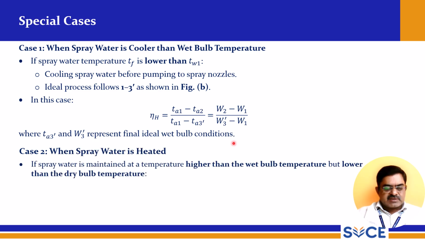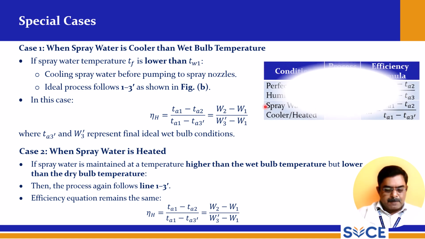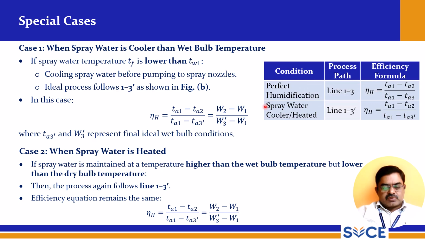Case 2: when the spray water is heated. If the spray water is maintained at a temperature higher than the wet bulb temperature but lower than the dry bulb temperature, then the process again follows line 1, 2, 3 dash. The efficiency equation remains the same. Here the condition is perfect humidification, then line 1, 2, 3.